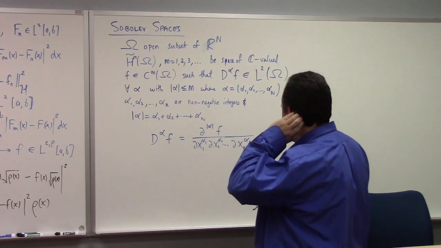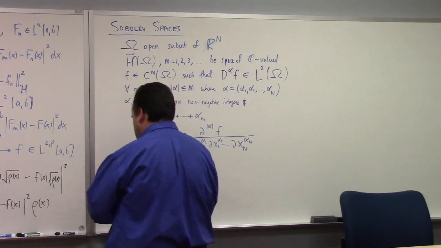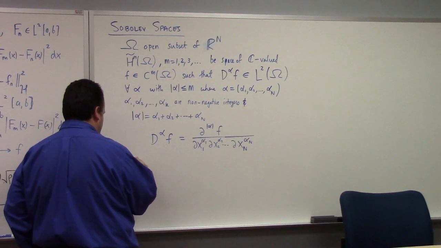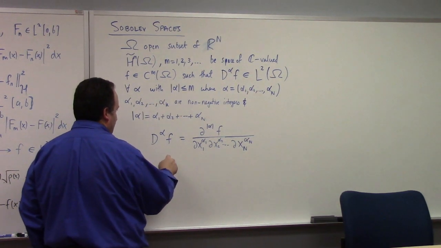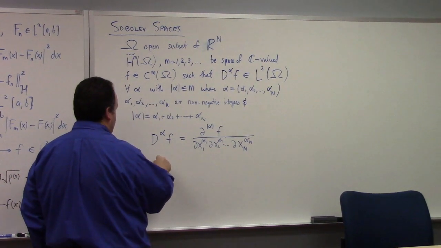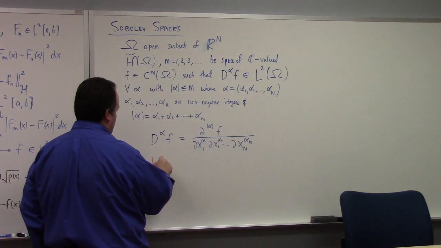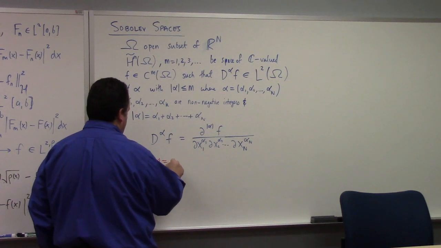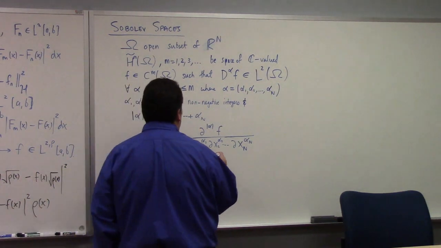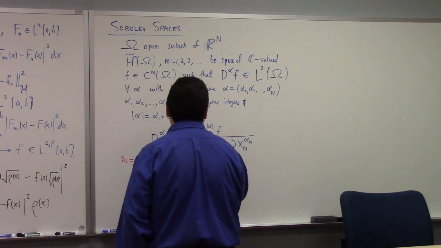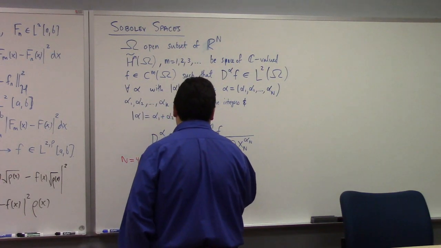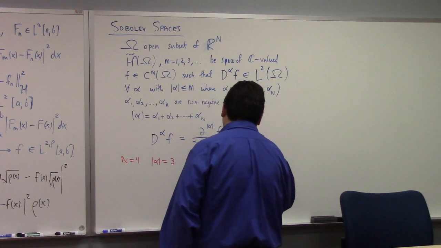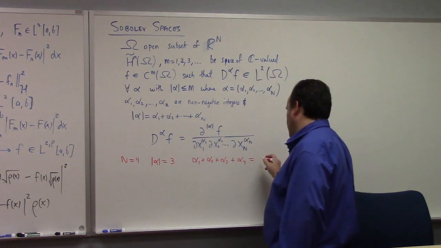Let's see if I can give an example. If you're in, like, 4 dimensions, right? He could be looking at, say, the order of alpha equal to 3, and then he would have alpha 1 plus alpha 2 plus alpha 3 plus alpha 4 equal to 3 in this case, right?